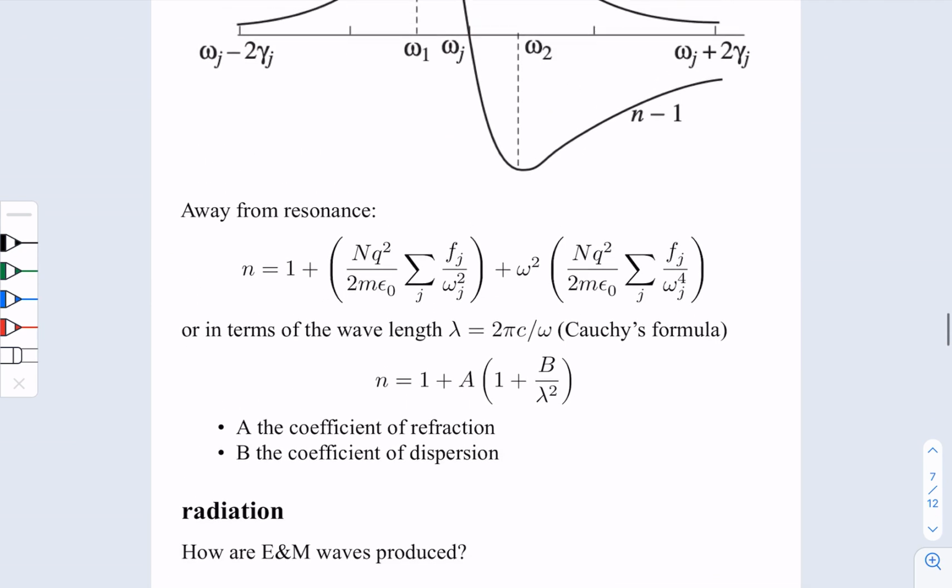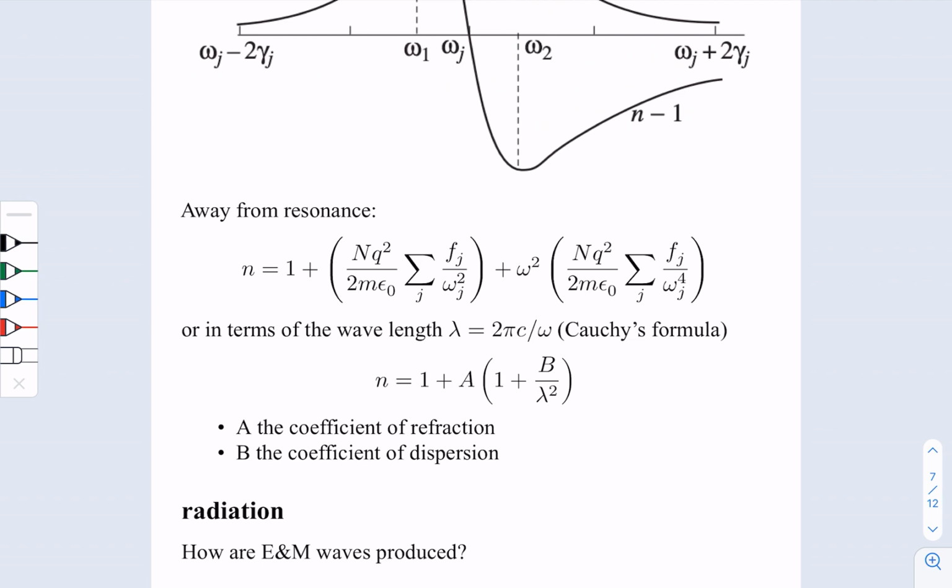So okay, this summarizes chapter 9. In chapter 9, we've already discussed how waves behave in vacuum, and we also discussed how waves behave in different media, and how light is reflected and refracted.